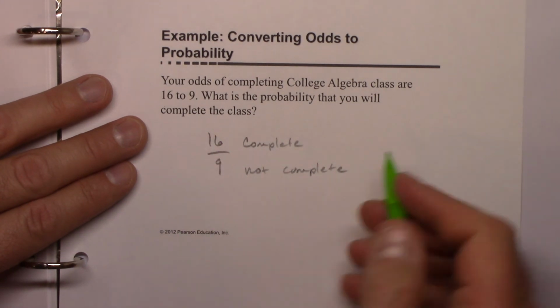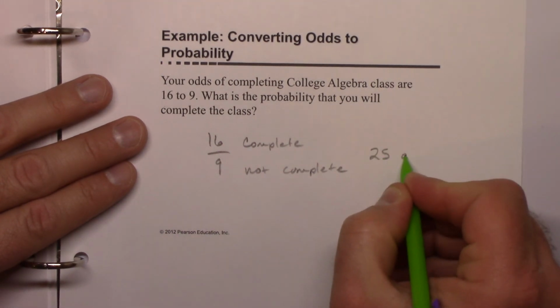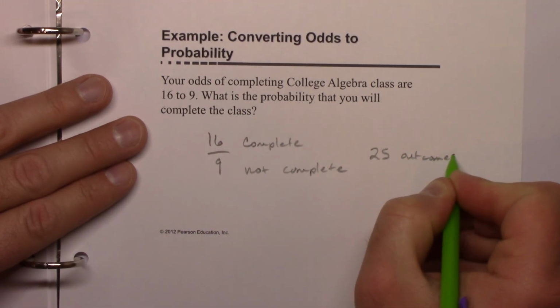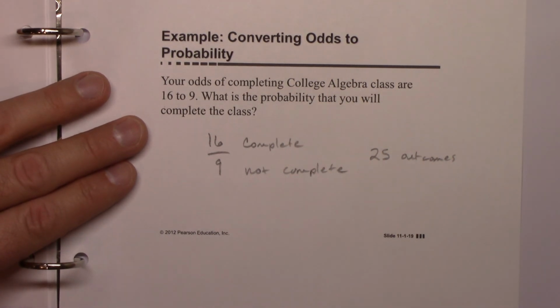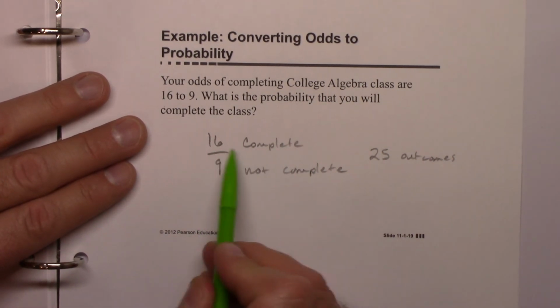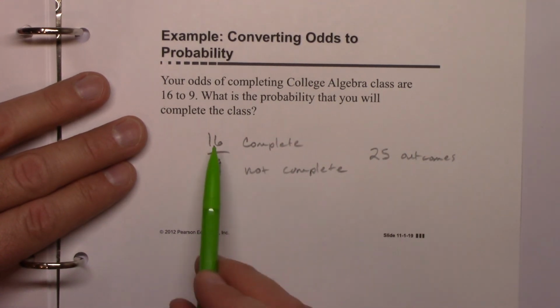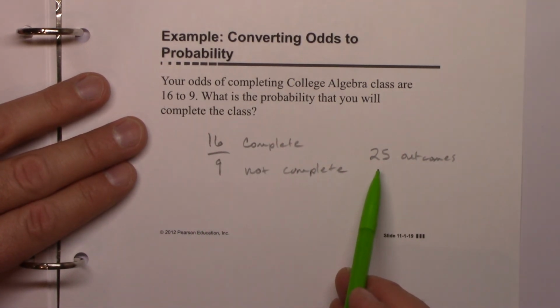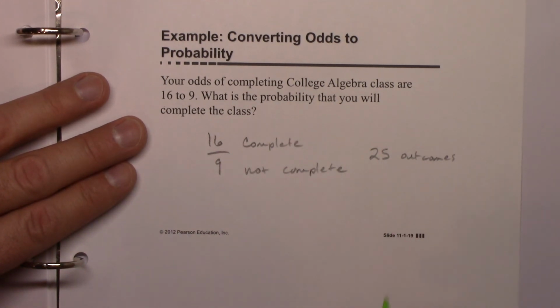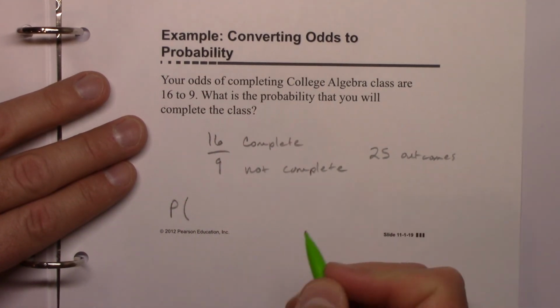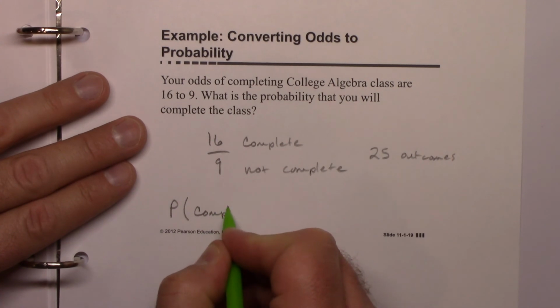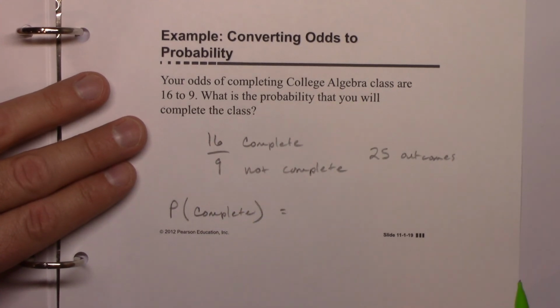So notice 16 and 9, that's 25 outcomes total. I'm saying outcomes, you could also think of these as students. 16 of them successfully complete the course, 9 of them do not. So 16 to 9, that indicates 25 students total. So now you can look at the probability that a student will complete a college algebra course.